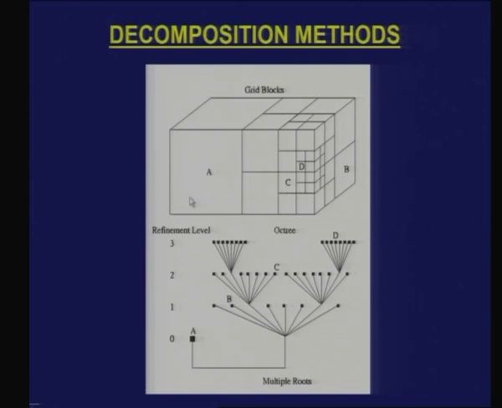Just like a quadtree, in which I take a square and divide it into 4 squares, in an octree I can take a cube and divide it into 8 cubes where the dimension is half that of the original cube. Suppose I am trying to model an object: first I enclose it in a cube, divide the cube into 8 cubes and see whether any of these 8 cubes has the material which I am trying to model or not.